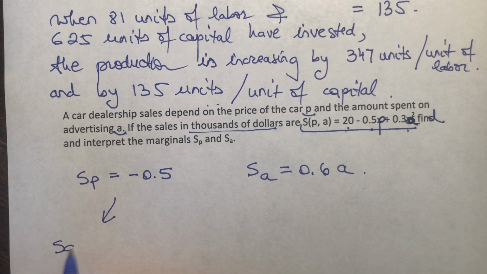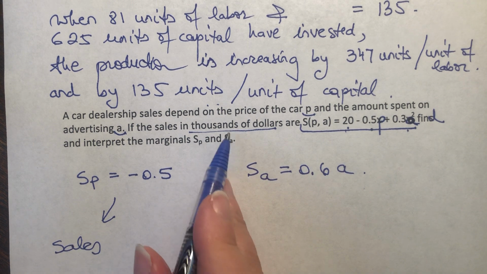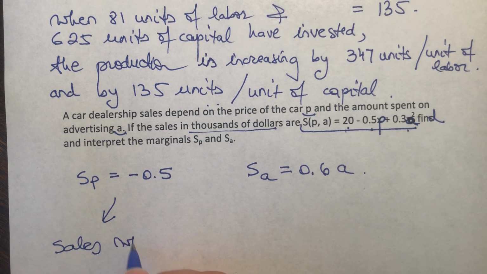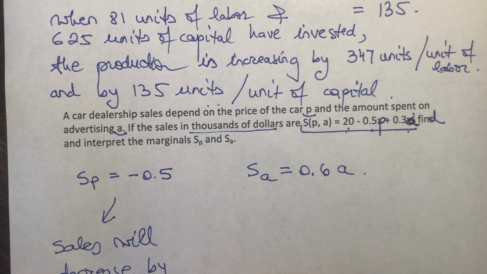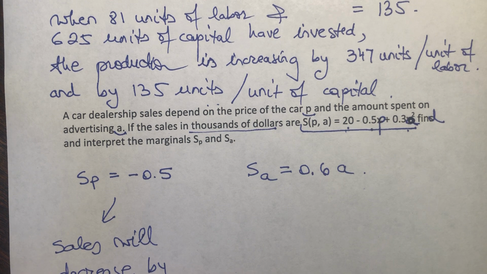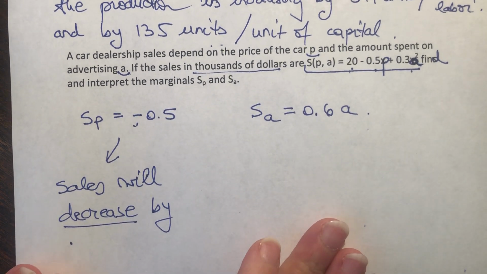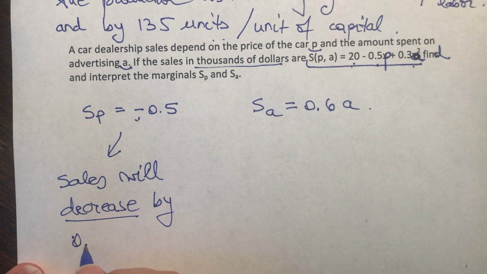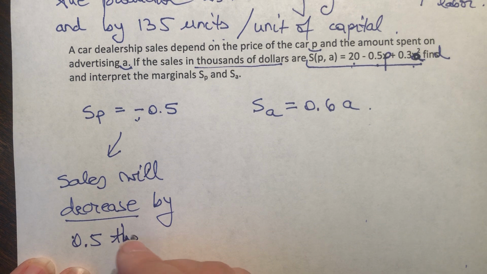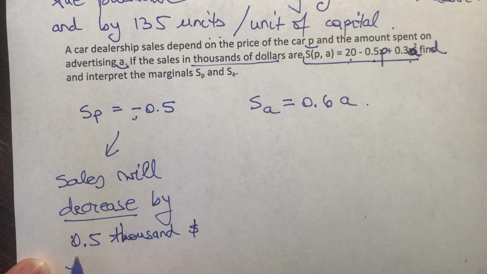The amount of sales in thousands of dollars will decrease by how much? Will decrease, so I already used the negative from it. Will decrease by what? $0.5 thousand for every what?